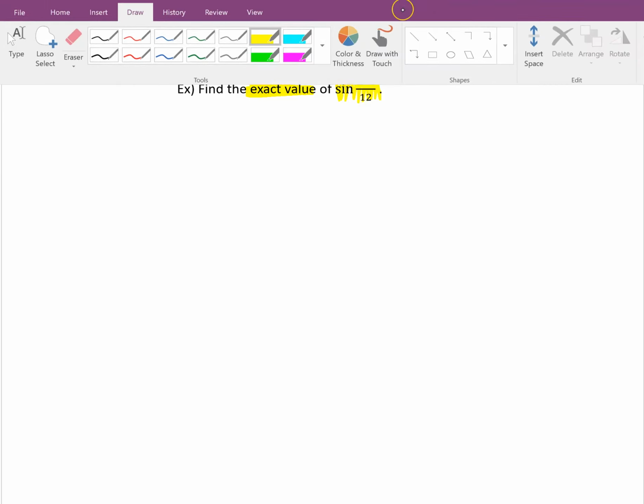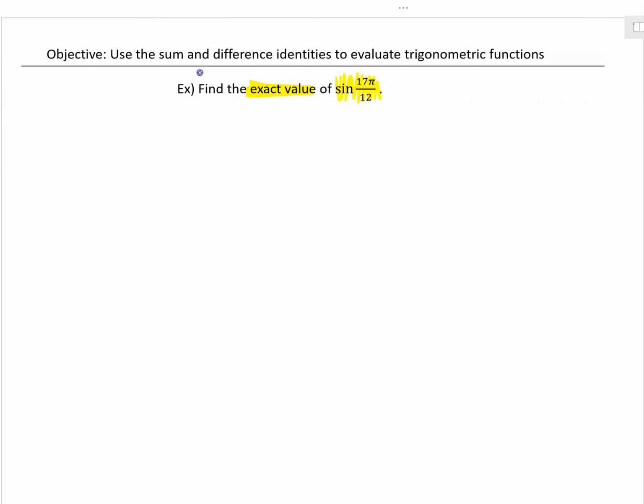So I might look for adding in this case, but as long as I find 2 angles, it doesn't really matter. So the first thing I'm looking for is taking my 17 pi 12ths, and I want to find 2 angles, and I'm going to try addition here, that will add up to it, and then I have to make sure they're unit circle angles. So I'm looking for now 2 numbers that would add up to 17.